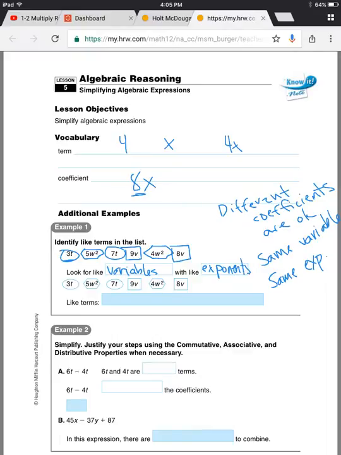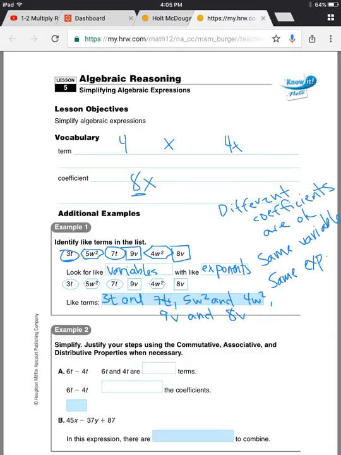So we can list 3t and 7t are like terms. We can say 5w squared and 4w squared are like terms. And we can say 9v and 8v are like terms.